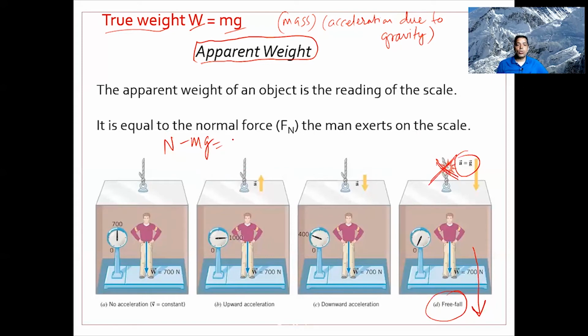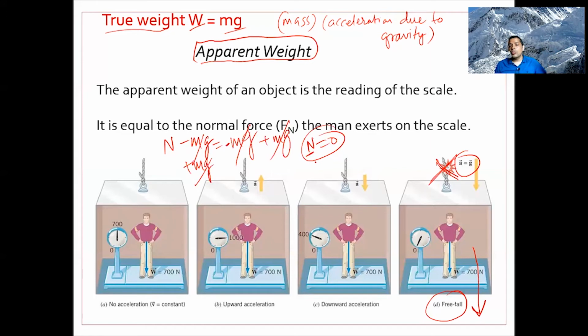So we know it is going down, meaning minus ma, but your a happens to be g. Look at that. So then what do you get? If we add mg on both sides, mg minus mg is 0. What do you get? N equals 0, meaning N is the weight given by the weighing machine.